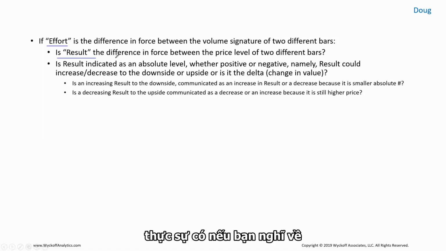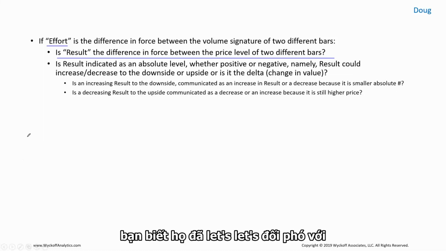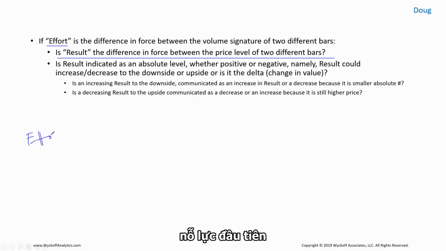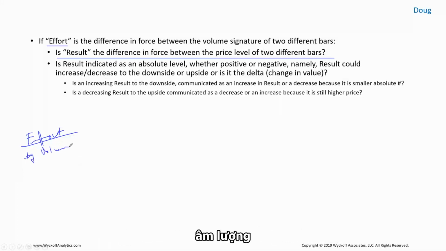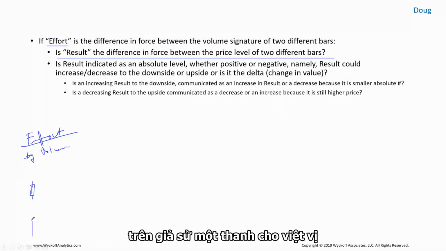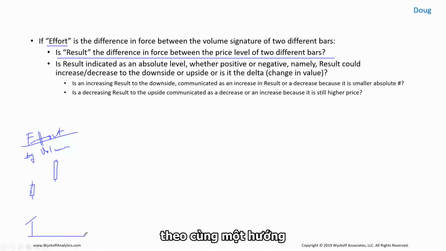Actually, yes. Let's deal with the effort first. We judge the effort by volume. And we could say that on, let's say, one bar to the upside, the volume was this. And then on another bar in the same direction, the volume increased.